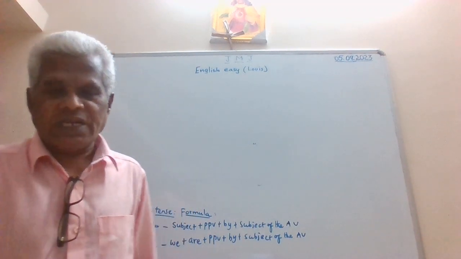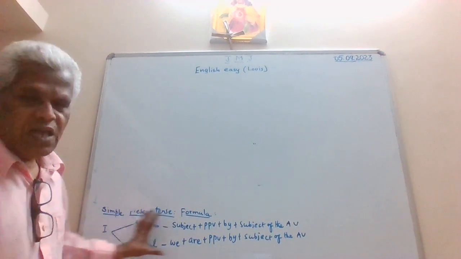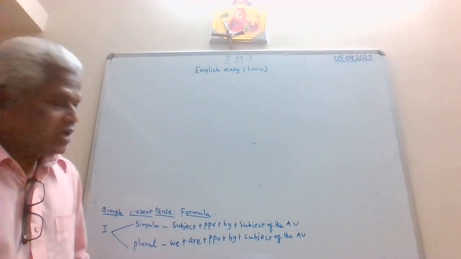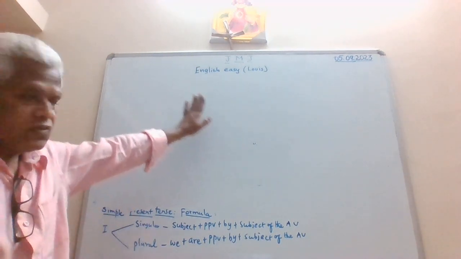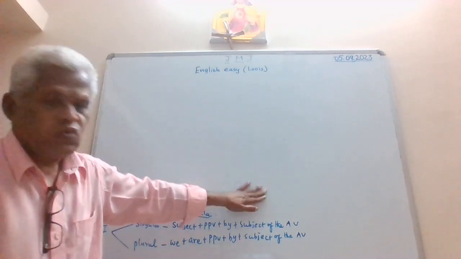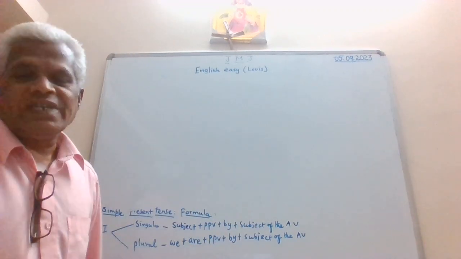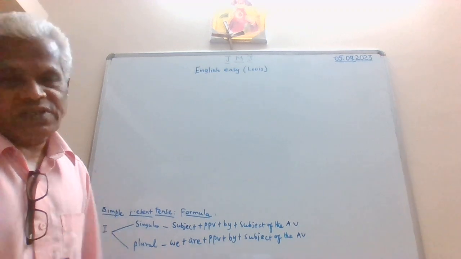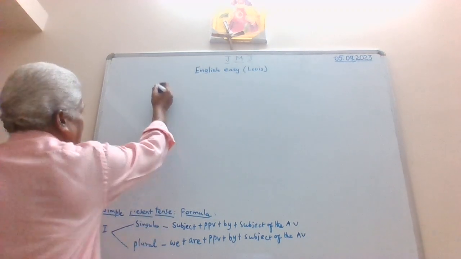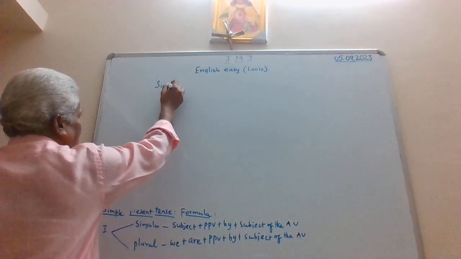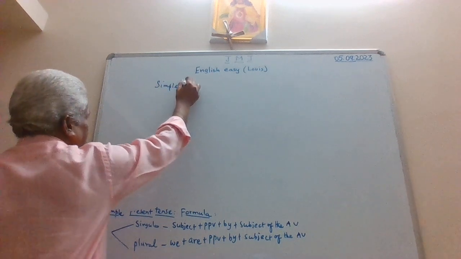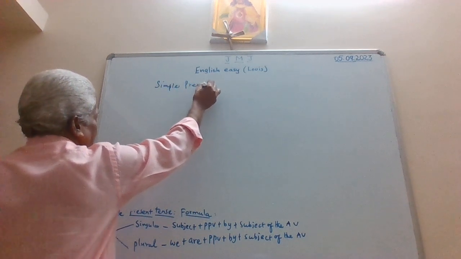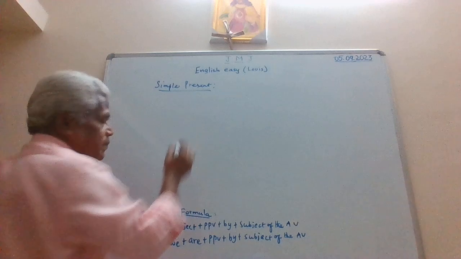Now, simple present tense, I have written the formation here. Let me write this once again so that it will be easy for you to see. Let me write the formula first of all, because every tense has got a formula while changing from active to passive, simple present.